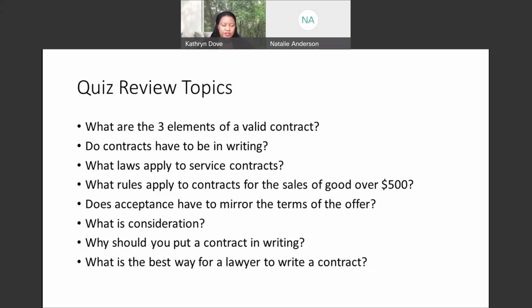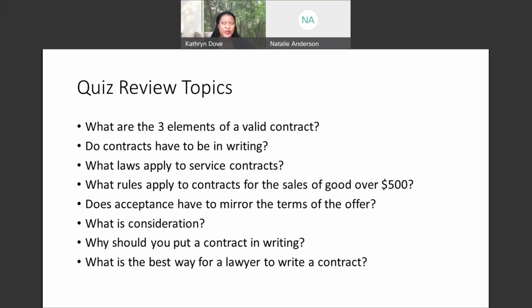What law would apply to contracts for the sale of goods over $500? What rules? That one I don't know, so I'd have to do more studying on that. The ABA model rules or no? UCC. Oh, UCC, there we go.